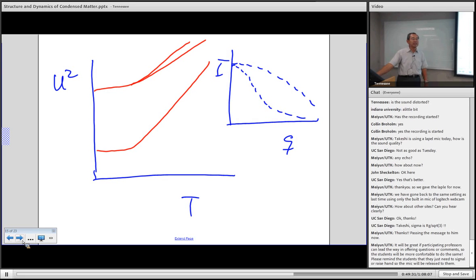So in this case, the apparent U is large. Even at low temperature, you have a large value of U. This happens if a system is not perfectly periodic. Okay? If you're looking at silicon or diamond, then you never see that.